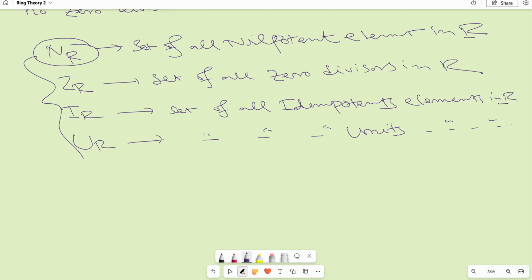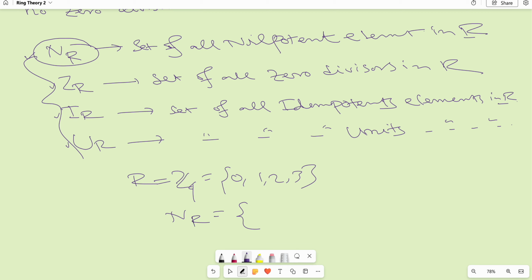So this is the set of all nilpotent elements, this is the set of all zero divisors, the set of all idempotent elements, and this is the set of all units. For example, if R is Z4, which is 0, 1, 2, 3, then what are the nilpotent elements in R?